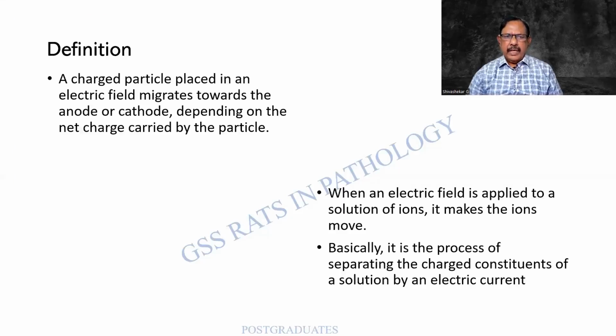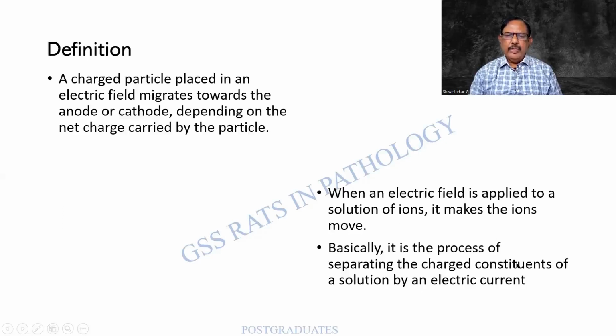Definition: a charged particle placed in an electric field migrates towards the anode or cathode depending on the net charge it carries. In other words, when an electric field is applied to a solution of ions, it makes the ions move.